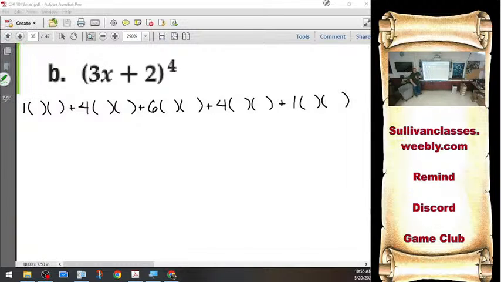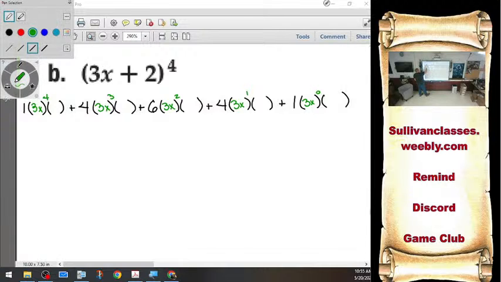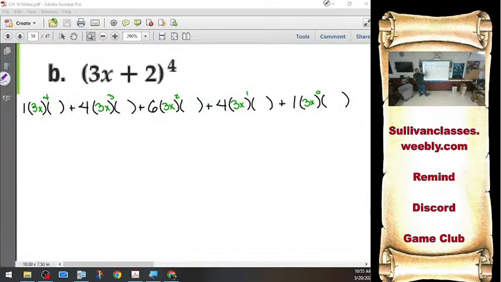So, I'm going to put 3x to the fourth, 3x to the third, 3x squared, 3x to the first, 3x to the 0. I'm going to put 2 to the 0, 2 to the first, 2 to the second, 2 to the third, 2 to the fourth.